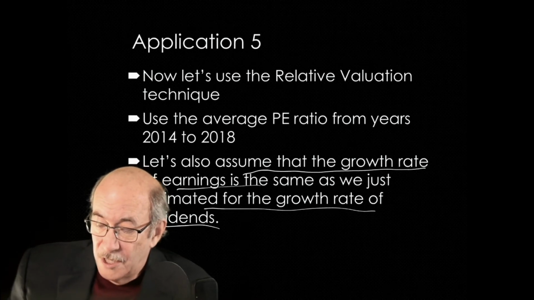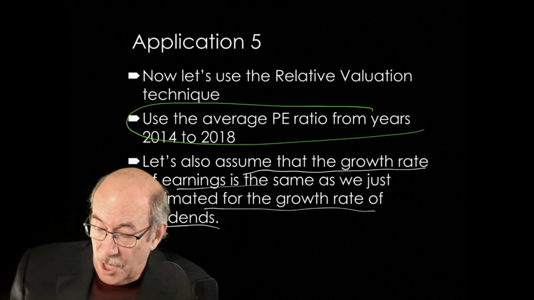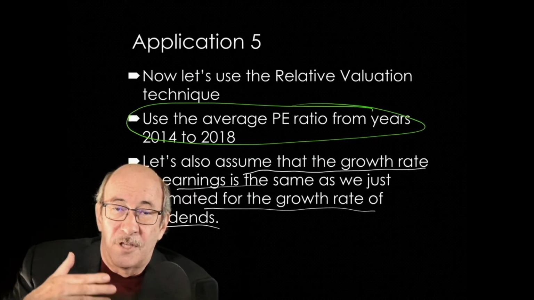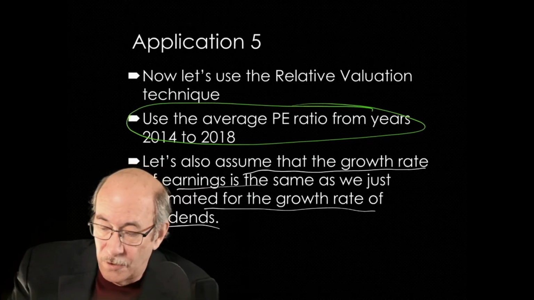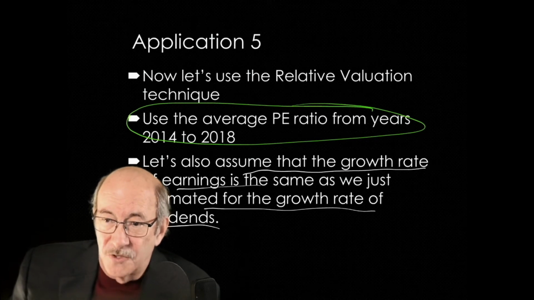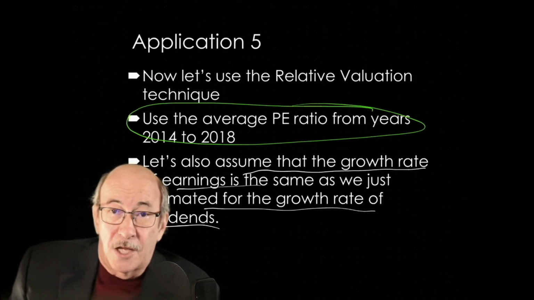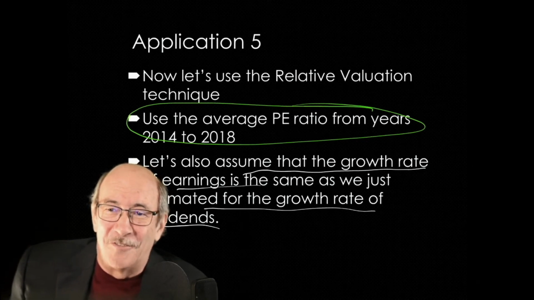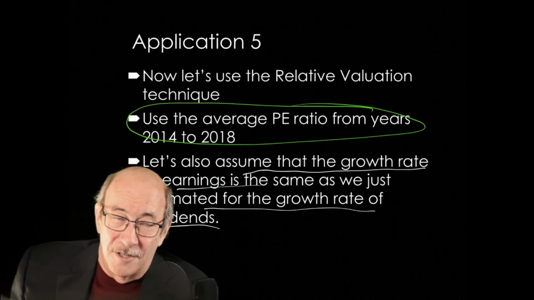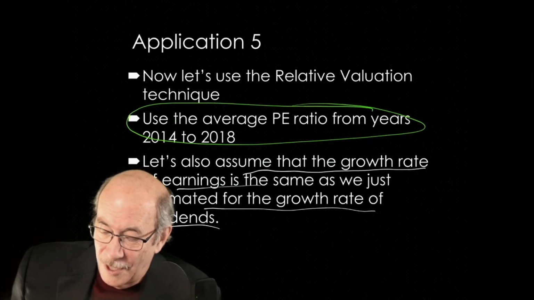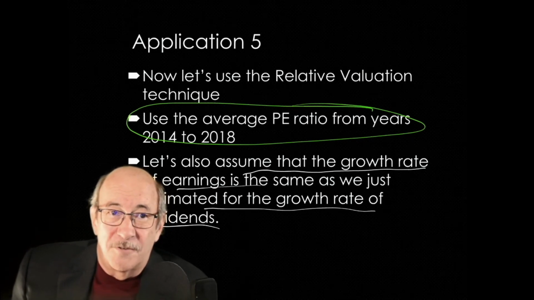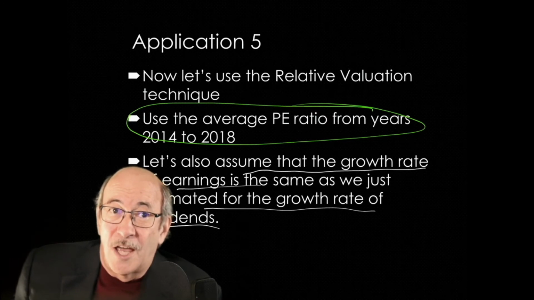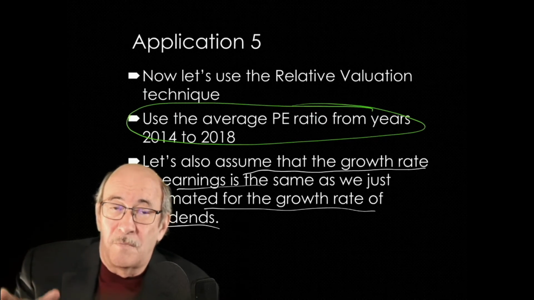One of them is this way, where we take the PE from prior years of the company that we're trying to value. That is good because that company is very comparable, right? It's a great comparable to itself. It's perfect, unless there are changes over the years. The weakness of it, of course, is that we don't know what the market values earnings at right now. We're looking backwards at this.